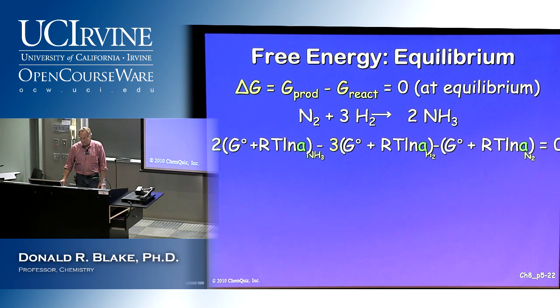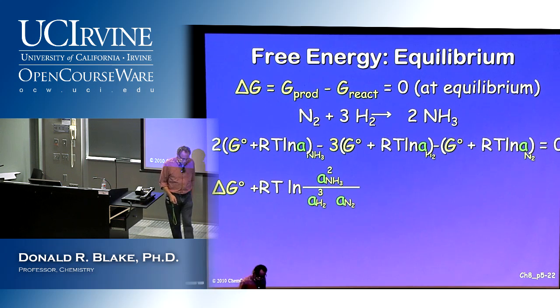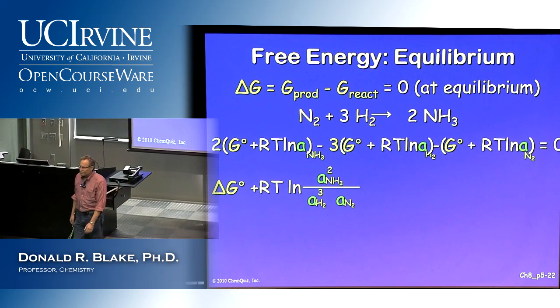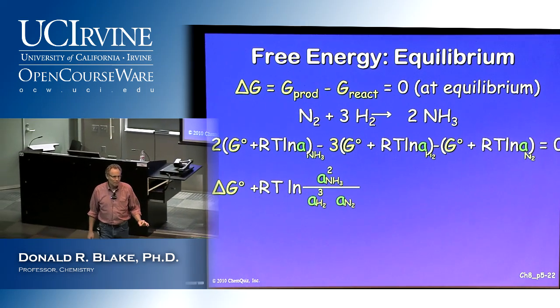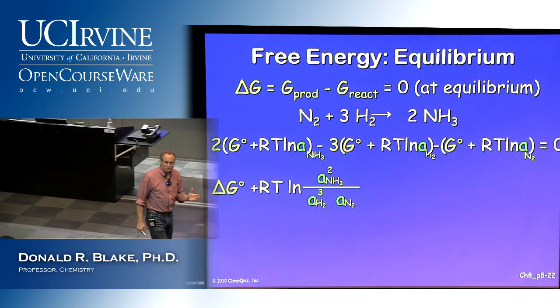Now we haven't learned the delta G is equal to minus RT log K, which is what's coming up here, okay? Now, let me just tell you something. I told you about 4 weeks ago that you cannot take the log of a unit. It must be a number, okay?